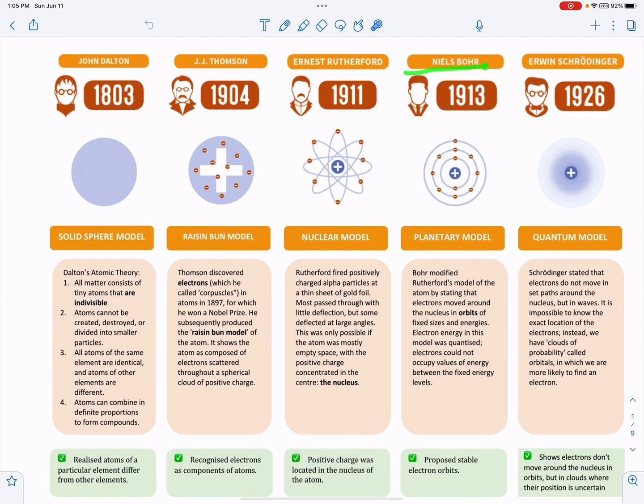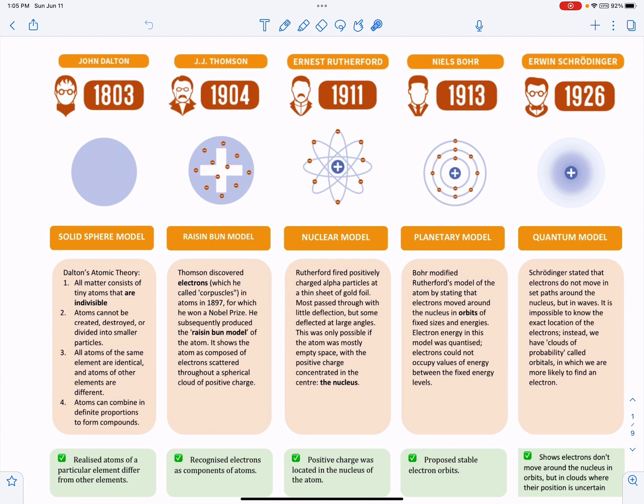Niels Bohr in 1913 came up with the planetary model. Niels Bohr modified Rutherford's model of the atom by stating that electrons moved around the nucleus in orbits that had fixed sizes and energies.